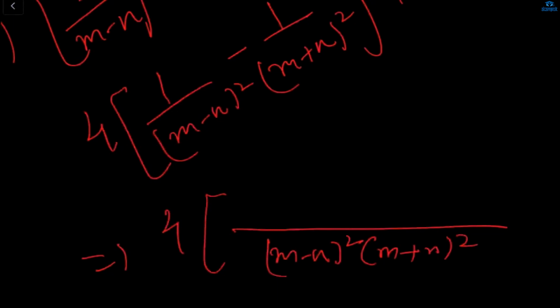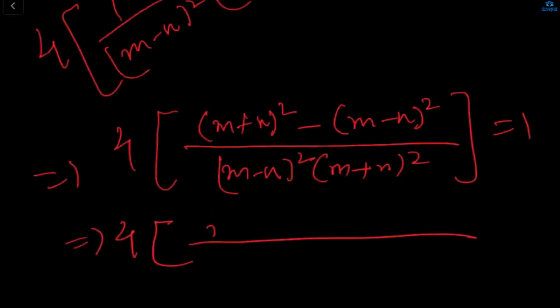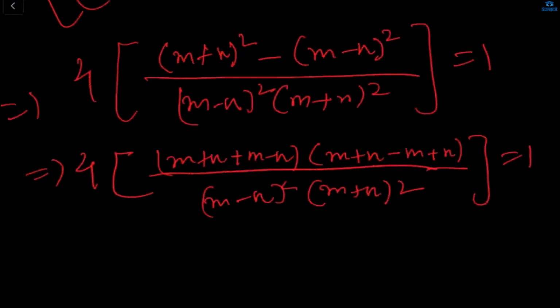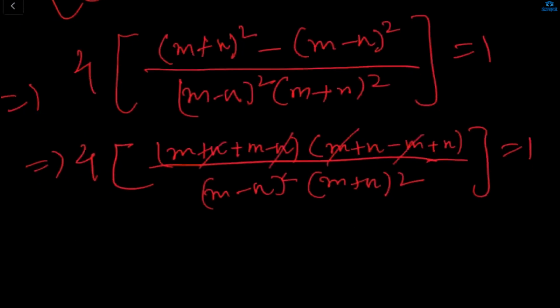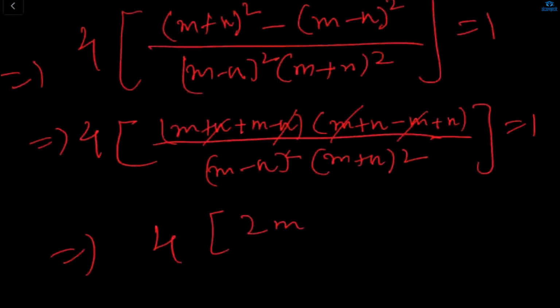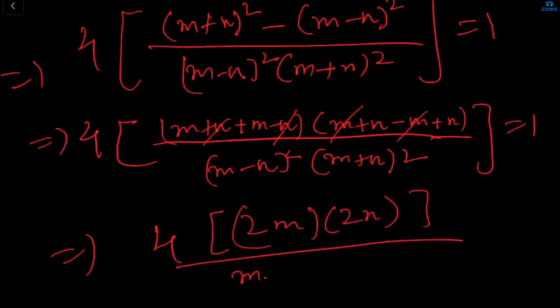Here n will be cancelled and here m will be cancelled. So it will be 2m times 2n, multiplied by 4. So it will be 4mn.